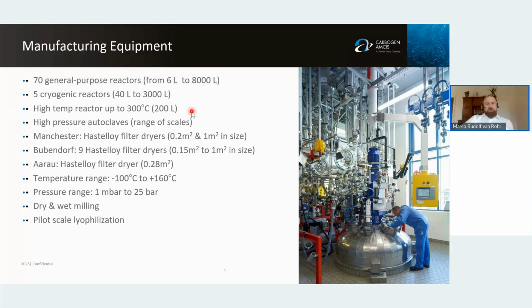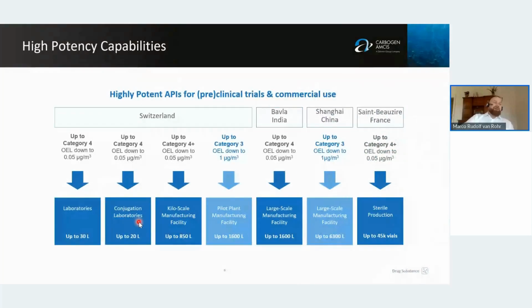So we do a quite big range of different reactors. We have a variety of autoclaves and filter options, and also capabilities of dry and wet milling, as well as pilot scale lyophilization.